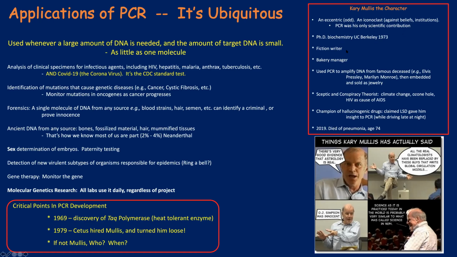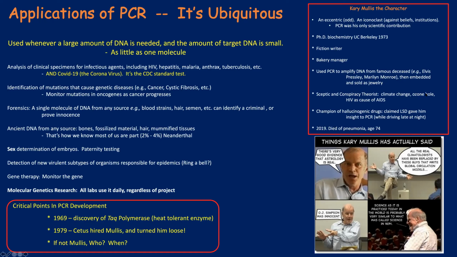For a while, he wrote fiction, and he was a manager of a bakery. And one of the odd things he did was, after he developed PCR, he used it to amplify the DNA from famous dead people like Elvis Presley and Marilyn Monroe. And he embedded the DNA in metals and sold it as jewelry. He was a skeptic and a conspiracy theorist. He didn't believe in climate change.